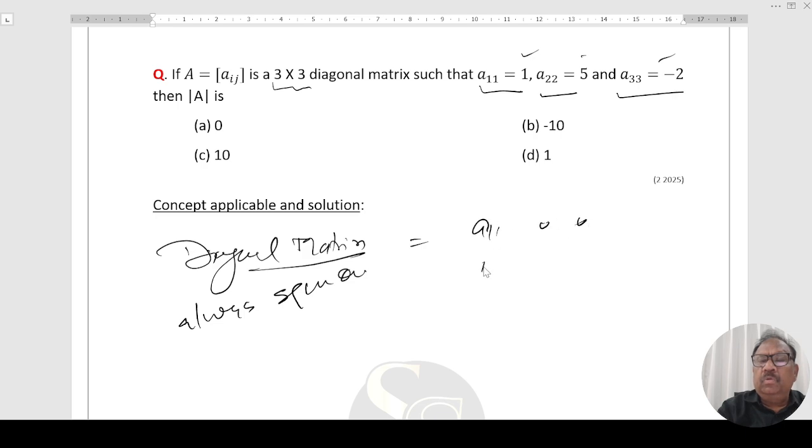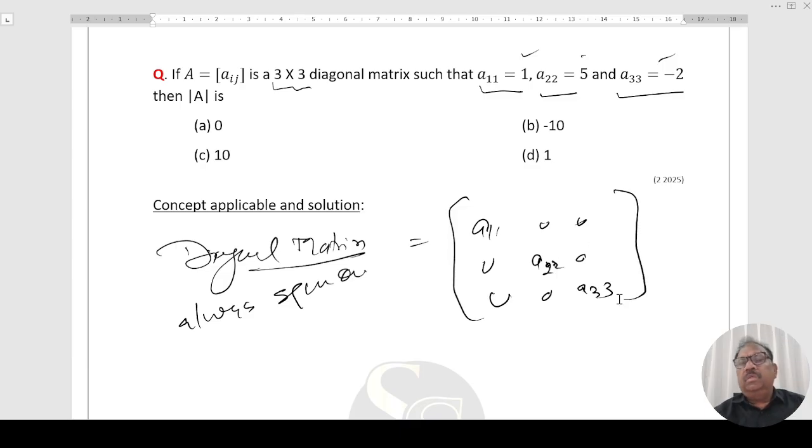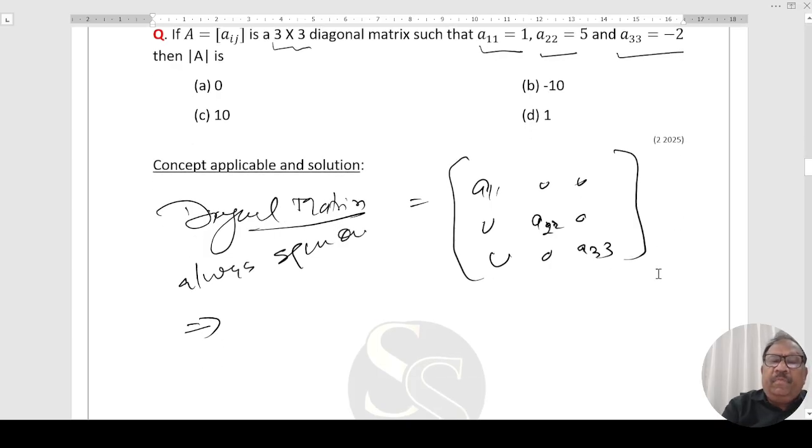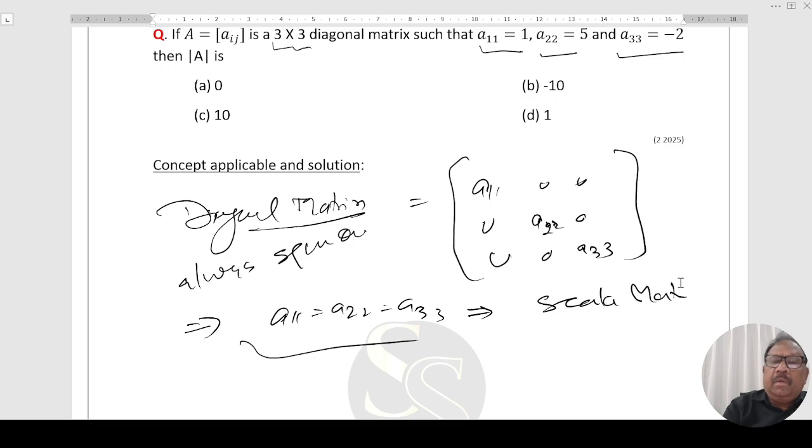A11, 0, 0, 0, A22, 0, 0, 0, A33. This is the diagonal matrix. If A11 equals A22 equals A33, all are the same, then it is a scalar matrix, and if all are equal to 1, then it is an identity matrix.